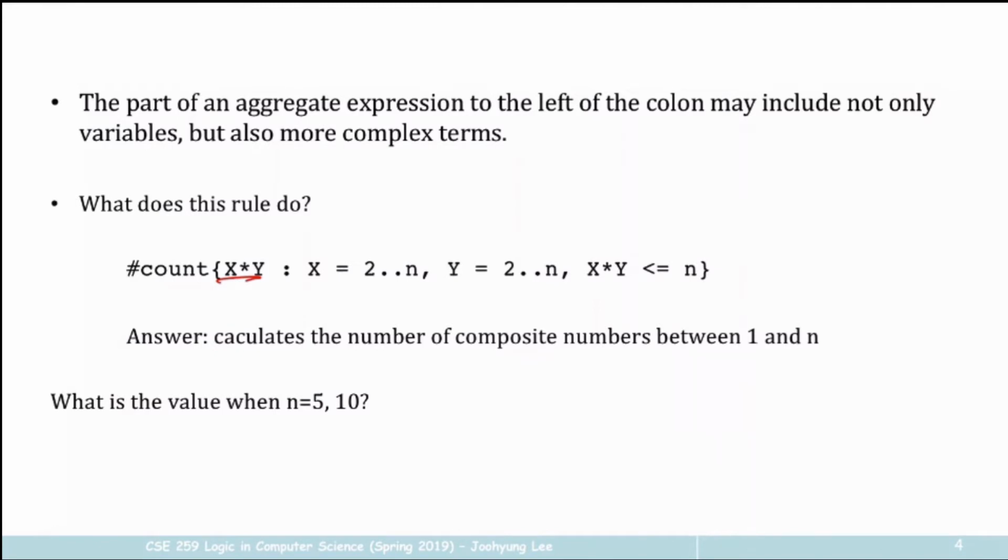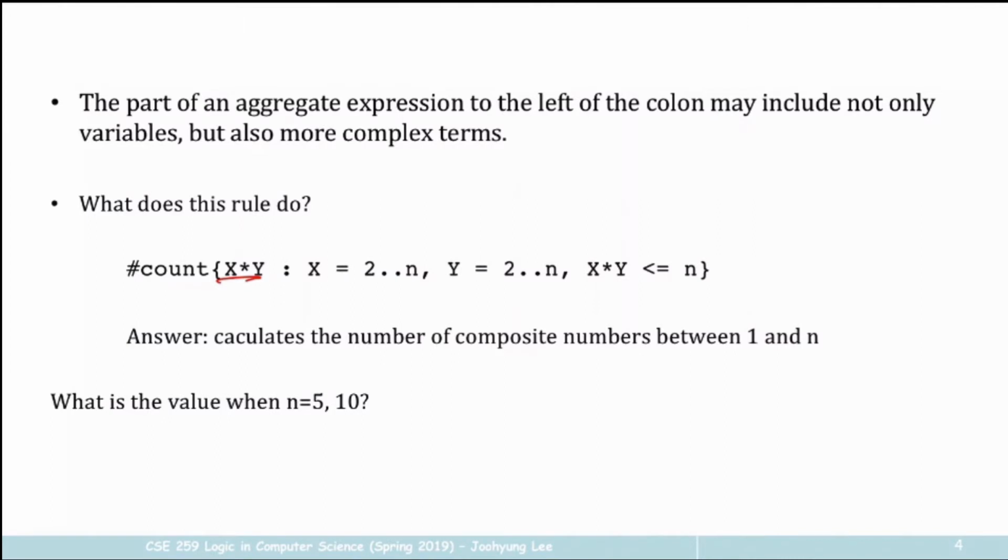We are talking about the composite numbers, right? So when n equals 5, what are the possible pairs that you multiply to get a value less than or equal to 5? Okay, x times y cannot be 1 because x and y start from 2, right? x times y cannot be 2 because x and y range over 2 to 5. x times y cannot be 3 because I cannot have 1 times 3 here. 1 is not part of this range, right?